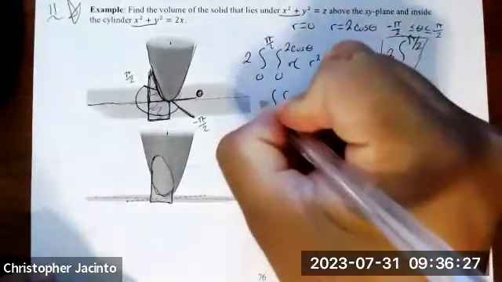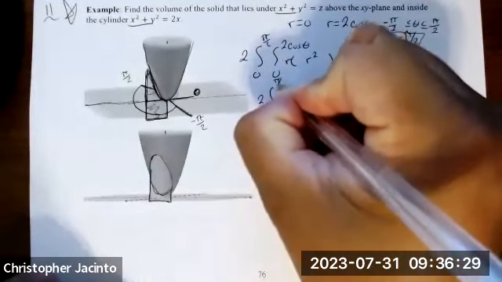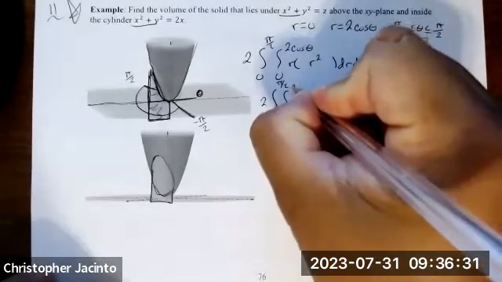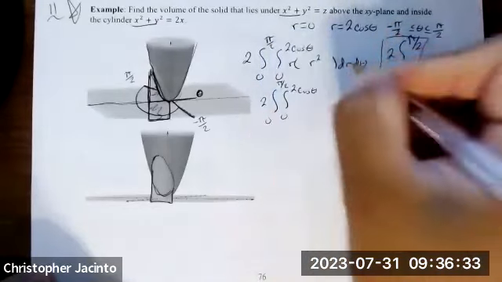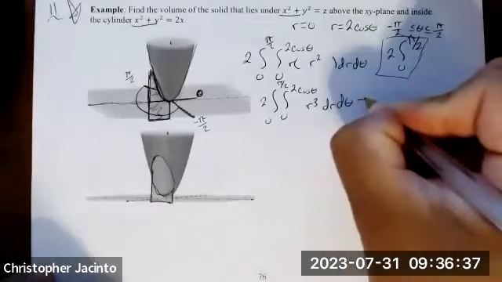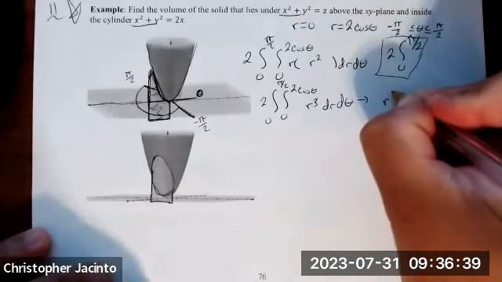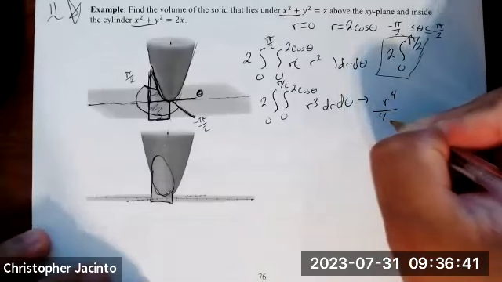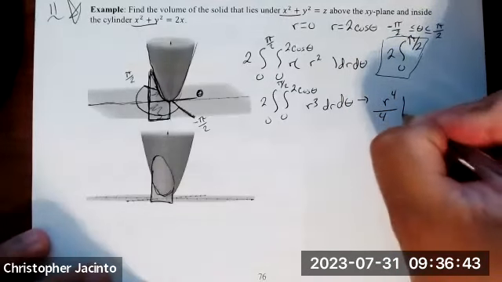Bring it in. This just gives you R cubed. So integral of that is going to be R to the 4th over 4. Doesn't look so bad so far, right?